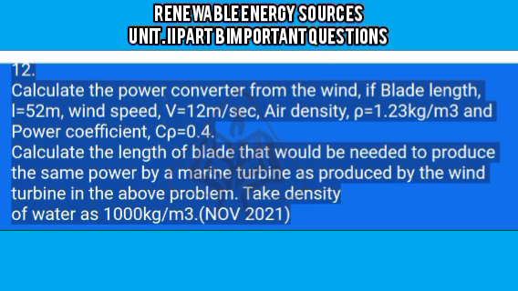Calculate the length of blade that would be needed to produce the same power by a marine turbine as produced by the wind turbine in the above problem. Take density of water as 1000 kilograms per cubic meter.